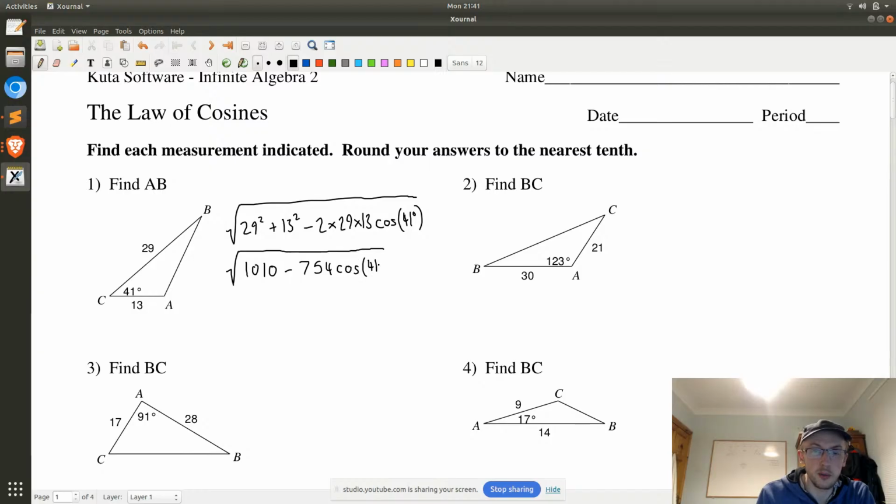But cosine of 41, not going to be able to do that in your head. You know it's nearly root 2 over 2, but good luck doing that in your head. So the answer is 20.99, which to the nearest tenth, hooray.